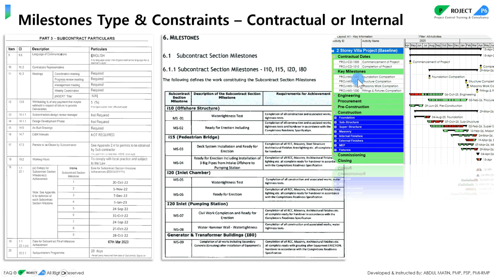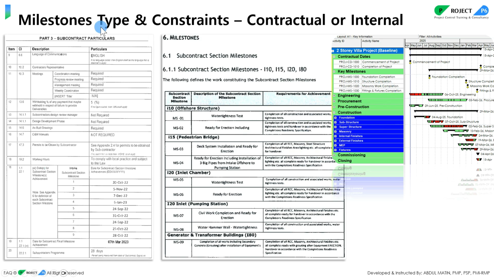Okay, installation of fittings and fixtures. So in this way we can track the key deliverables of the project. So these are not contractual milestones, but these are some internal milestones to track key points of the project, or key deliverables of the project.